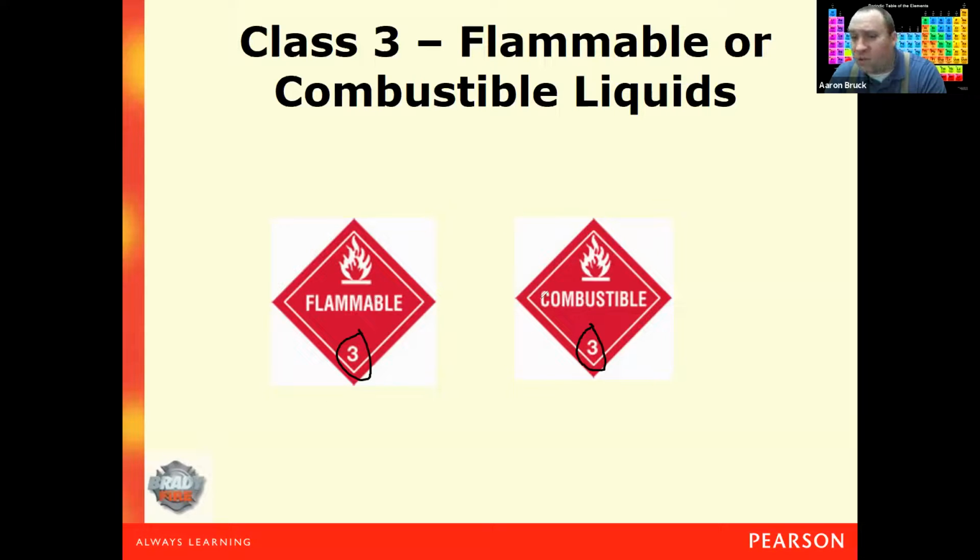There is a difference between flammable and combustible. Flammable materials are more flammable, more dangerous, and have lower flash points than combustible materials. When we talk specifically about flammable liquids later on, we'll get into what exactly those differences are, but there is a difference here in terms of danger.